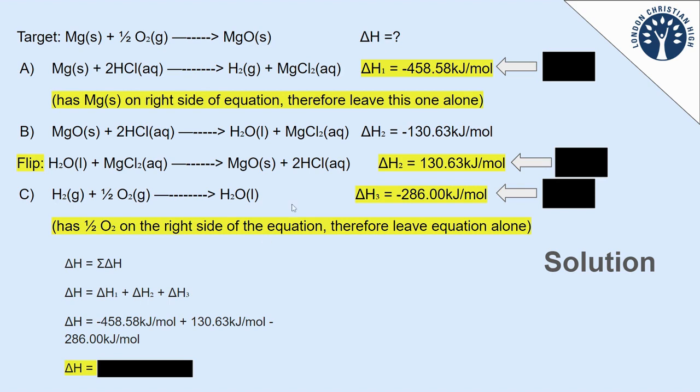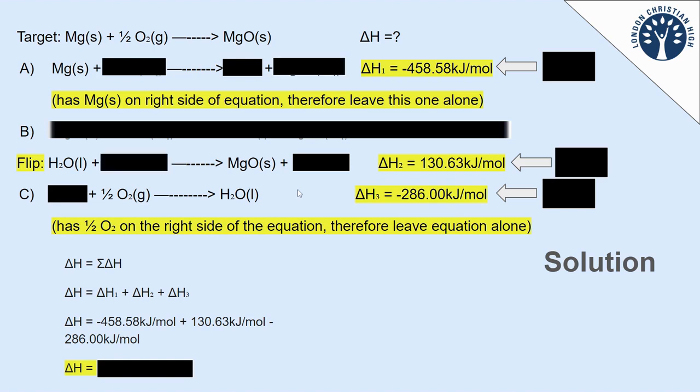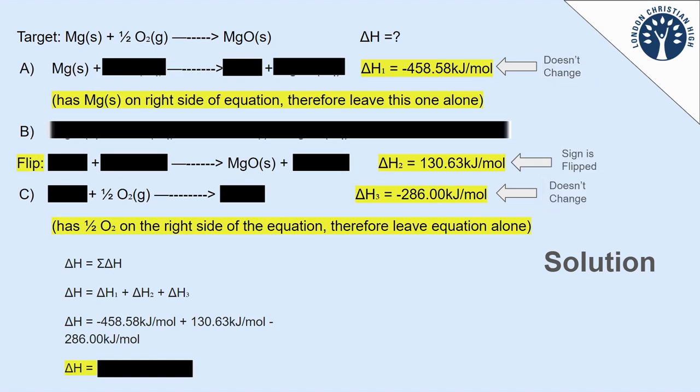Next, we scratched everything out that needed to be scratched out, and then determined the enthalpy change of the target reaction. We got a final answer of negative 613.95 kilojoules per mole.